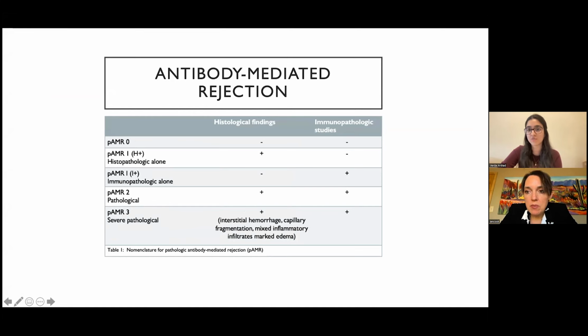Grade 2, in which both histological and immunopathological staining is seen, and then grade 3, which is severe, in which on histology we'll see interstitial hemorrhage, capillary fragmentation, and edema. So that helps us then guide treatment and how these patients are basically treated.